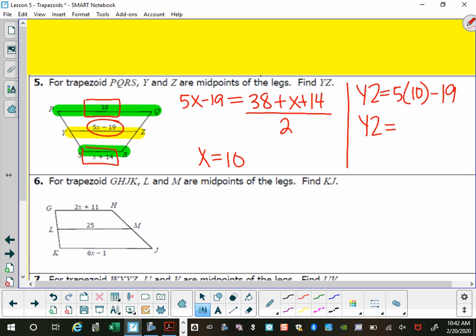Type that into your calculator. 5 times 10 minus 19. Thank you. So YZ is 31, and that is your answer.